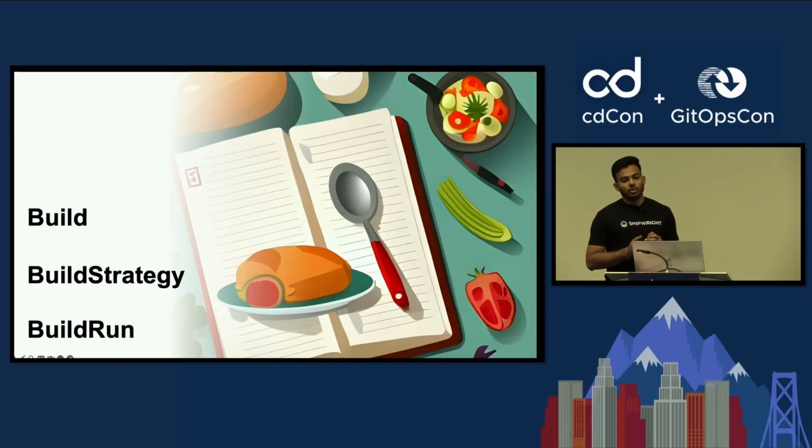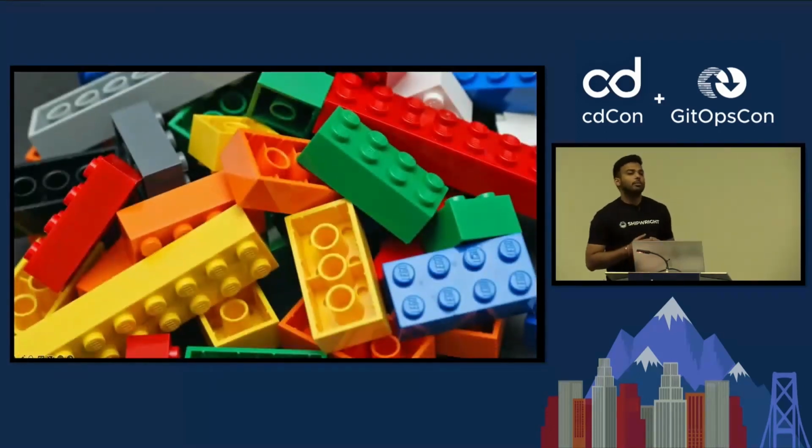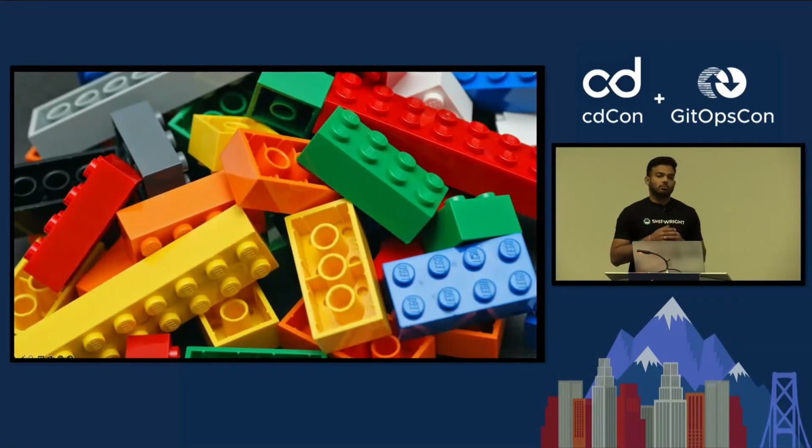With regards to the build strategy, these are usually maintained and rolled out in the cluster by the strategy creators. We do provide some sample build strategies in the samples section in our Shipwright build repo.